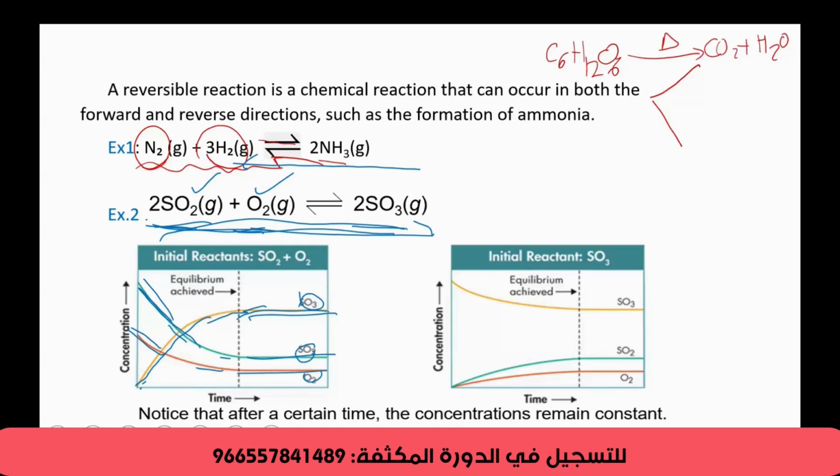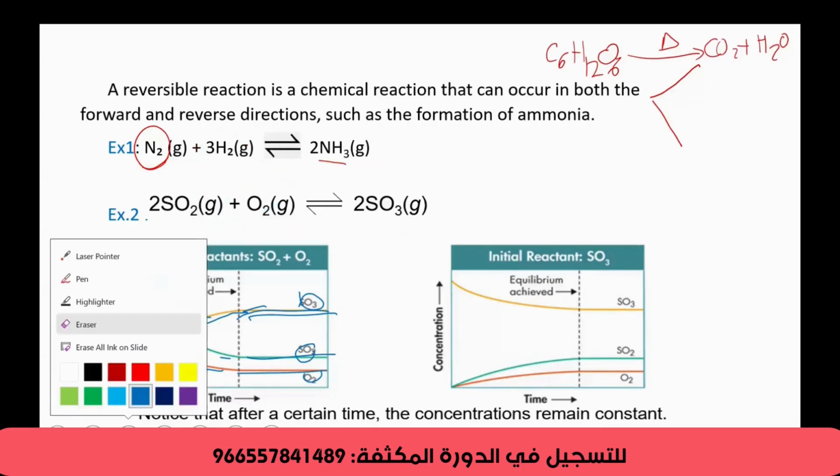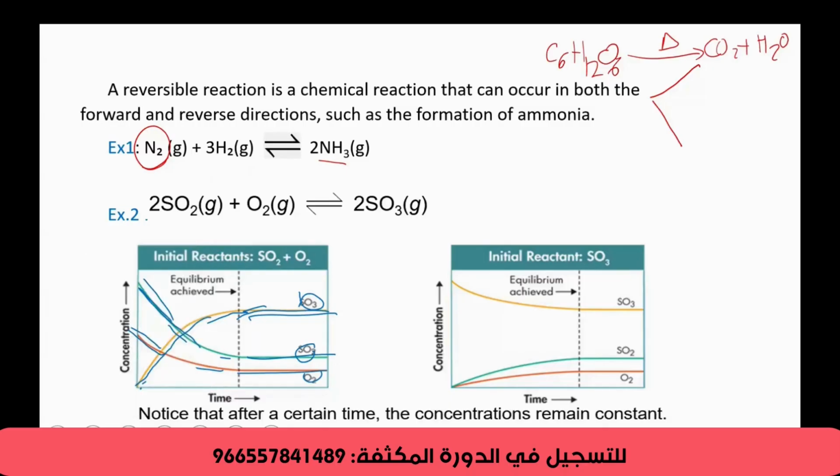Okay, once again, I will discuss the concept of the reversible reactions. Imagine you have sulfur dioxide and oxygen. They will start making the reaction happen. Some of the product, sulfur trioxide, will start to be made.